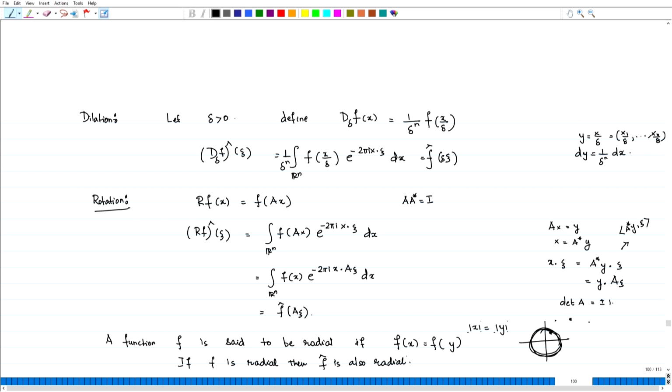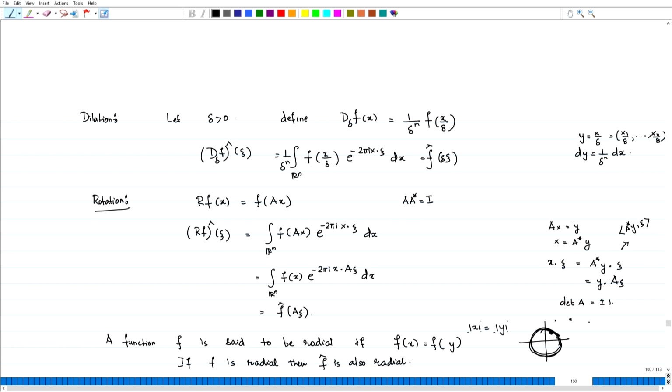That means, suppose I am looking at any x on this sphere, then on this sphere f is taking the constant value and f hat will also take the constant value.